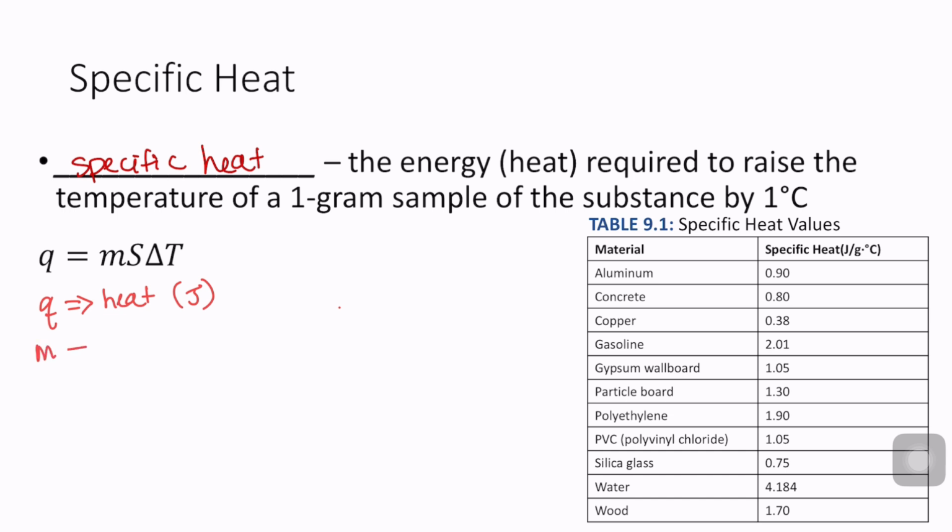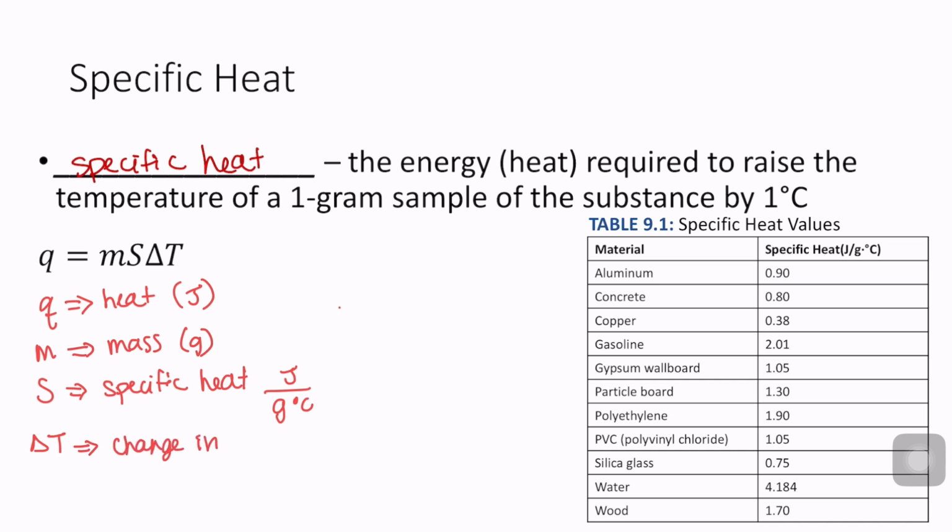M is the mass, and it needs to be in units of grams. S is the specific heat, and it has units of joules per gram degrees Celsius. And then finally, delta T is the change in temperature, and that needs to be in degrees Celsius.